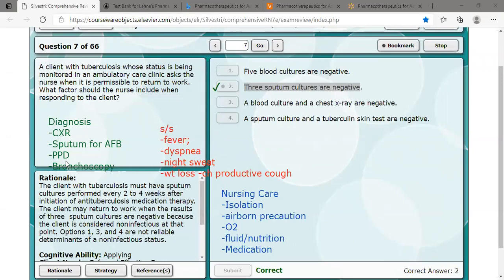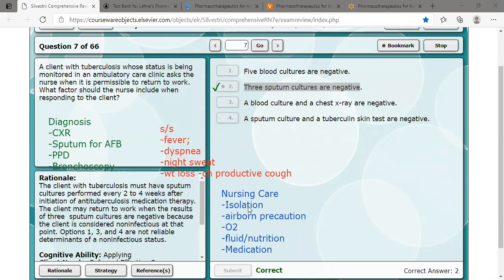Or we can also do a PPD test or bronchoscopy. So if your patient is diagnosed with TB or tuberculosis, what are the nursing interventions?